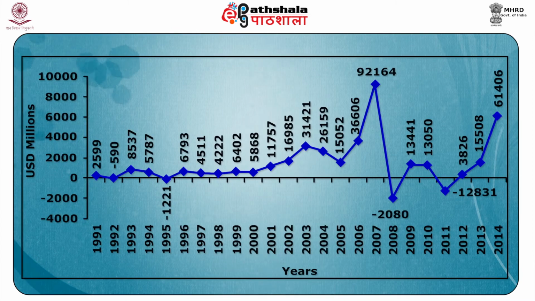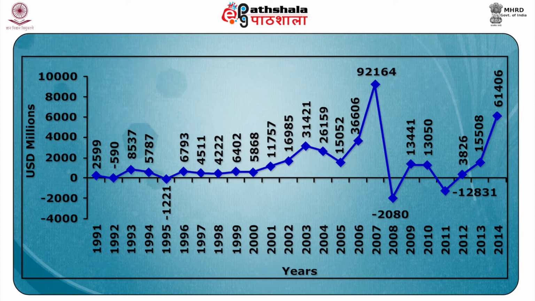In the figure, we have the balance of payments from 1991 to 2014. The figure shows the movement of balance of payment after liberalization in 1991. In 1990, the balance of payment was negative at $2,492 million, and the Indian government did not have enough funds to support its import debt. So in 1991, liberal reforms were initiated.